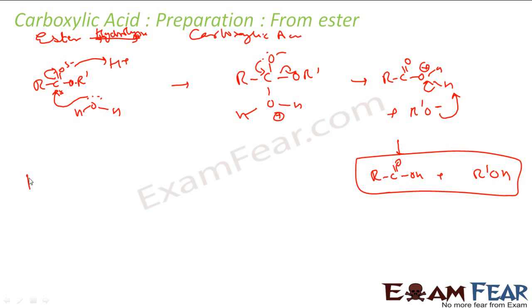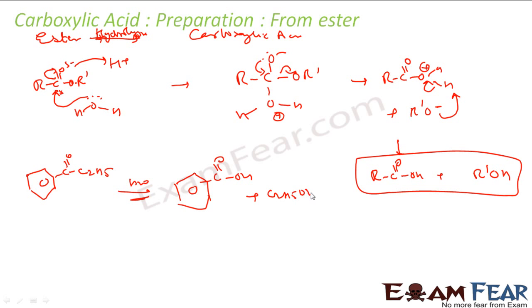You can take some examples. For example, I have this compound, this is the ester, RCOOR form, and you do hydrolysis. What you get is COOH and this part C2H5OH. This is what you get.